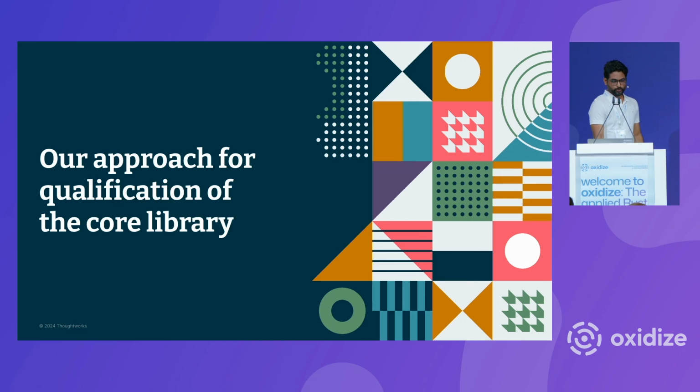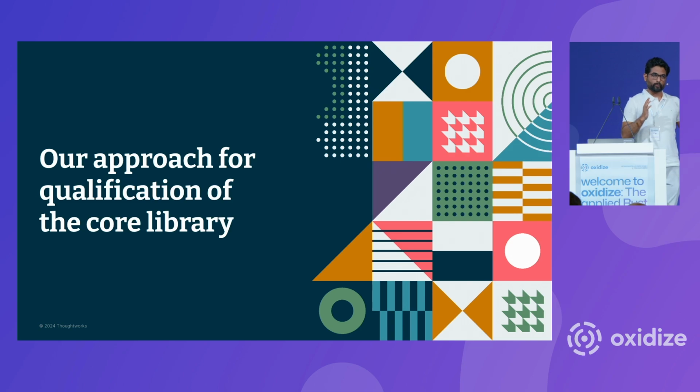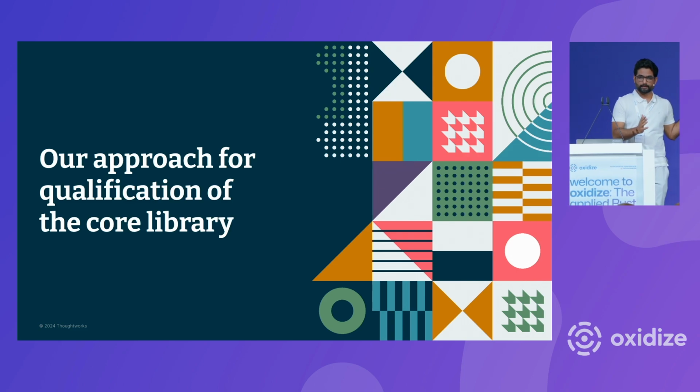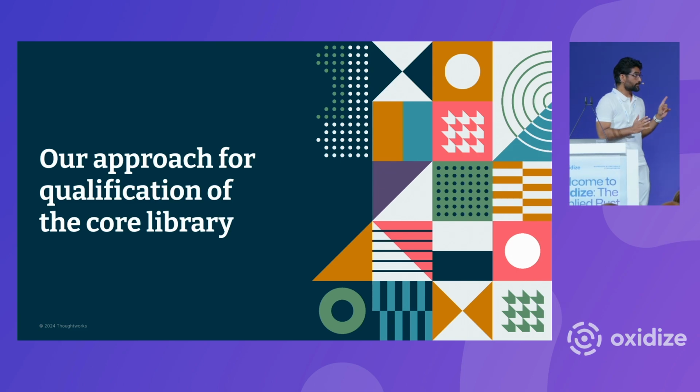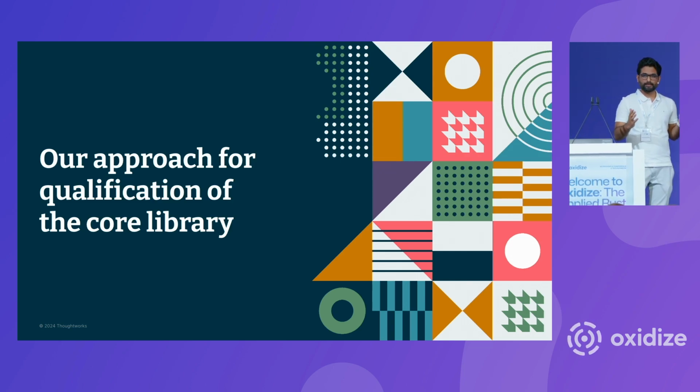So what is our approach for qualification of the core library? One thing is, how can we produce the work products defined by the standard for compliance of the core library? And the second thing is, as the core library is part of the Rust compiler itself, it is going to evolve. It is not being developed by a single entity.